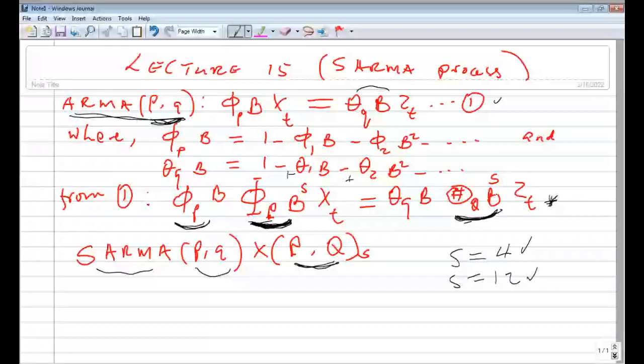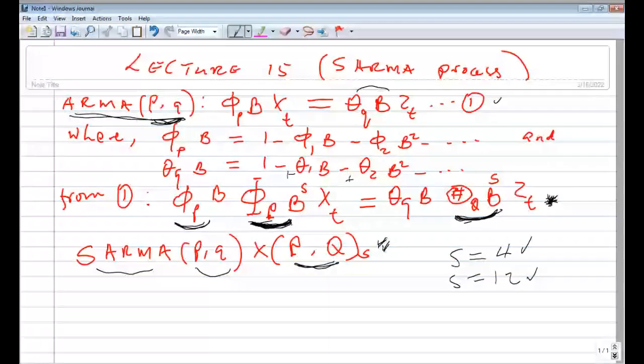So this is SARMA PQ PQ. In other words, you must know that if you have been given this equation star, you must be able to come up with this one. And again, if you are given this SARMA PQ PQ, you must be able to go back to equation star. That is the main idea.